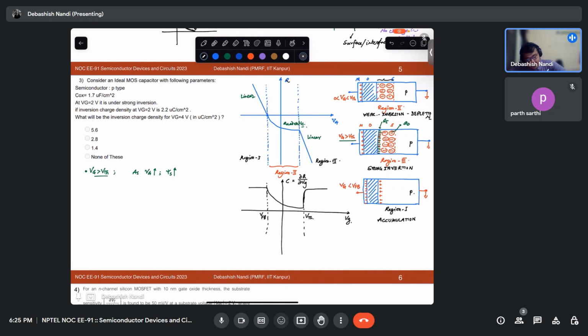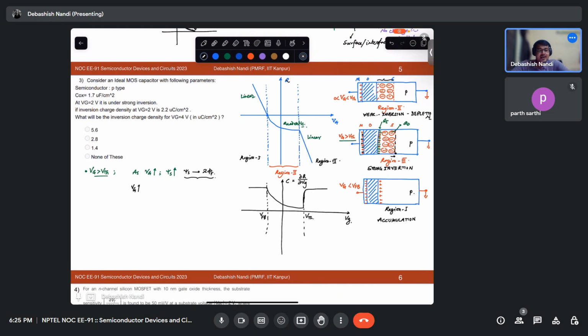So as your Vg increases, psi s increases, and psi s tends to saturate at 2 phi f. Okay, as my Vg increases, after some time this boundary will not extend further and it will get fixed somewhere here. So if I keep increasing my Vg, these positive charges will keep increasing.